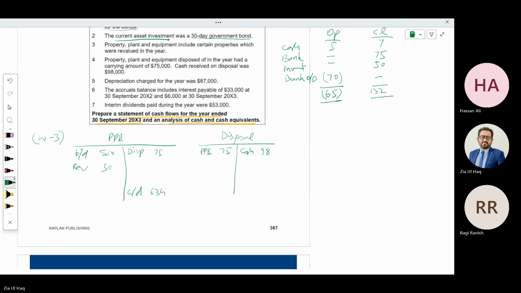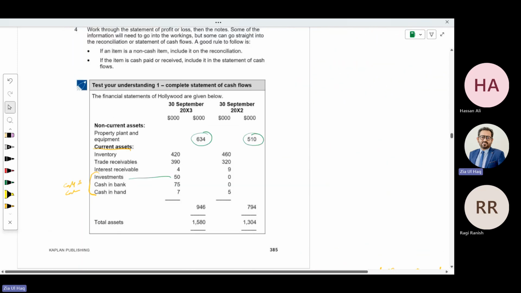And there is no information for depreciation. There is no information for cumulative depreciation. No, oh, there is information. Depreciation charged for the year was 87,000. So that should be recorded here. How much? 87. And it should be added back as well. Where?